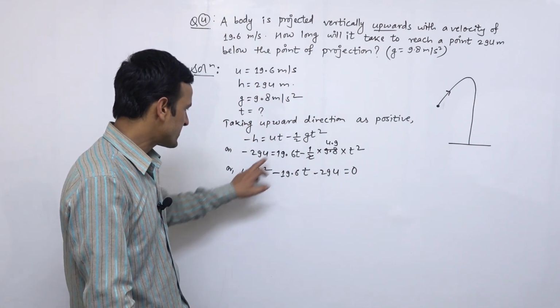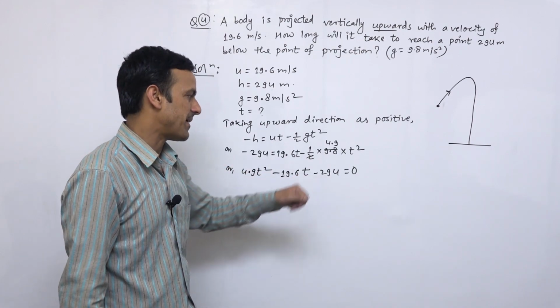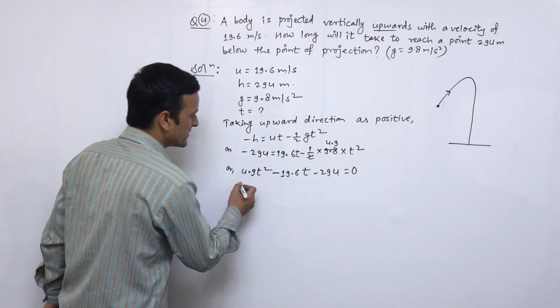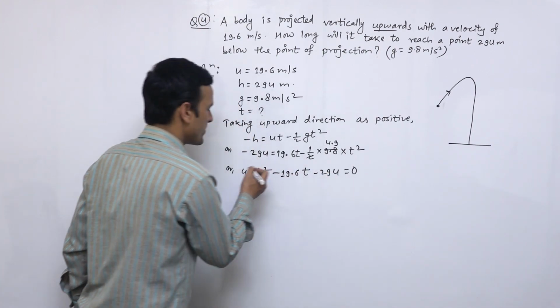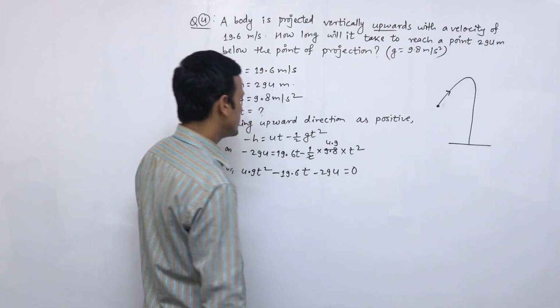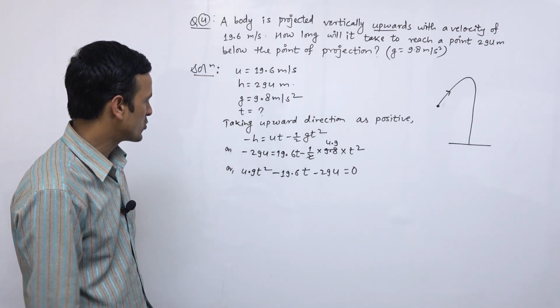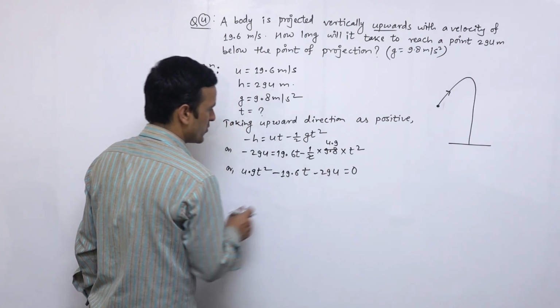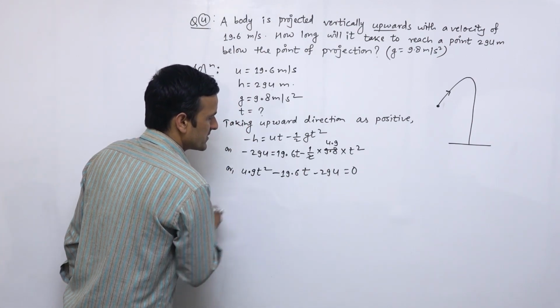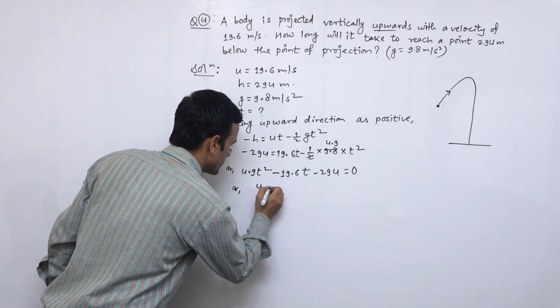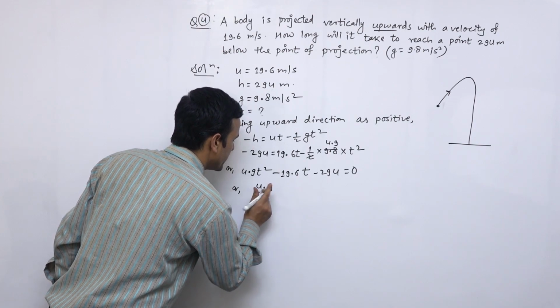So this will be plus, this will be minus, and this will be on the same side and equal to 0. So if you solve it, then we get such values. So 4.9 t square minus 19.6 t minus 294 is equal to 0. Now we can remove the decimal from here.